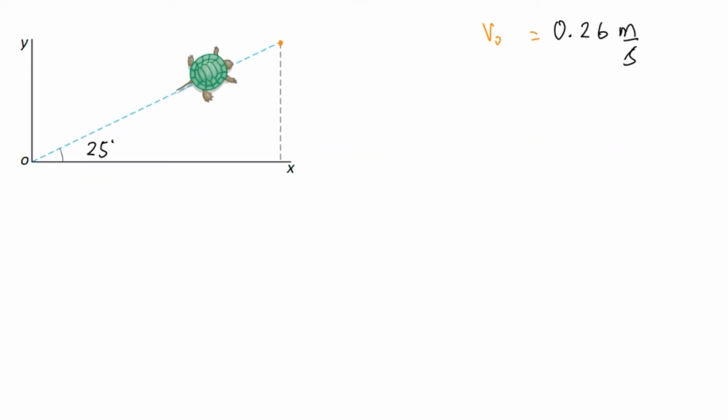Now we'll consider the motion of the turtle in x and y direction separately. So this is the direction of the velocity for the turtle, v0. Now its x component is represented by this arrow. This is v0x we can write, and this will be its y component, v0y.